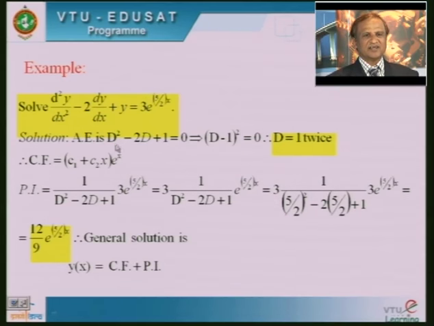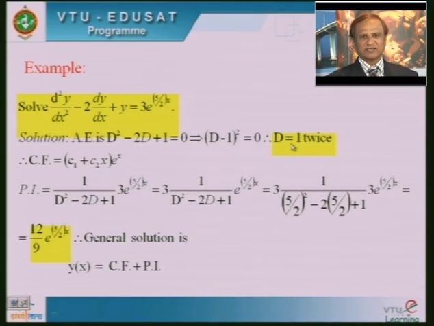And if you replace D by m, you will get m square minus 2m plus 1 is equal to 0, or m minus 1 whole square is equal to 0. So m is equal to 1, and we find the roots from the auxiliary equation.